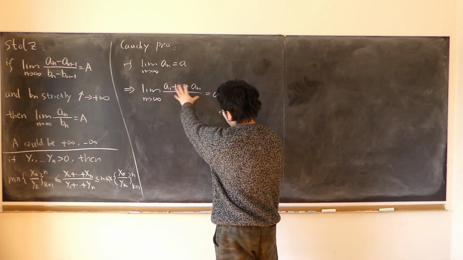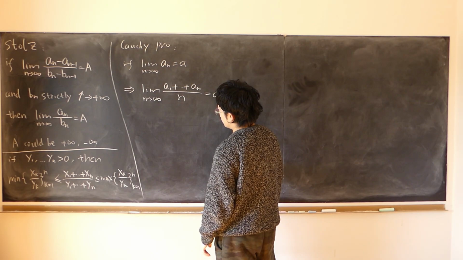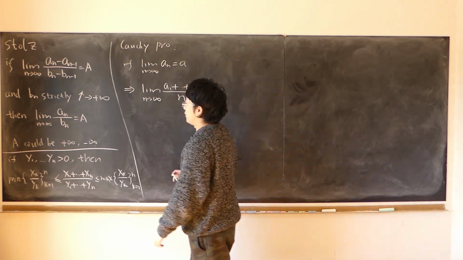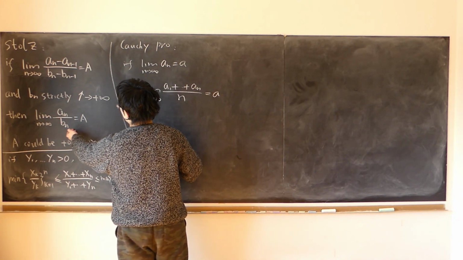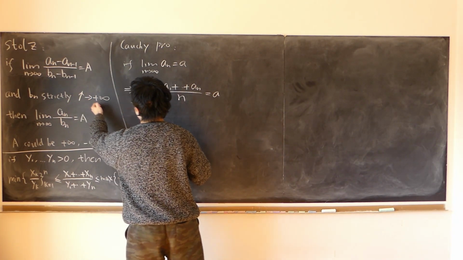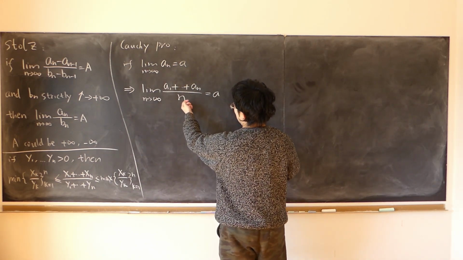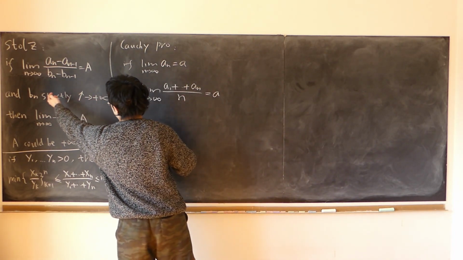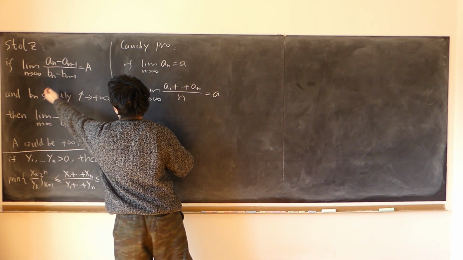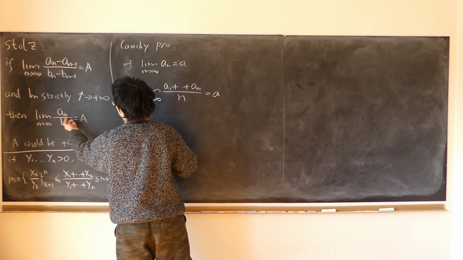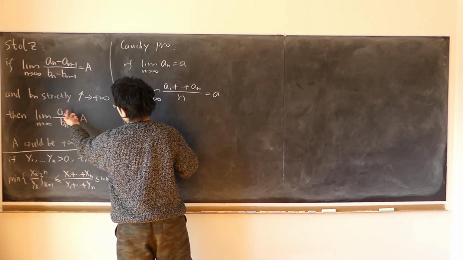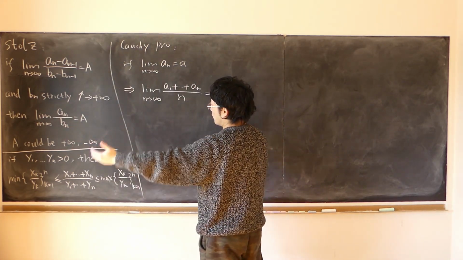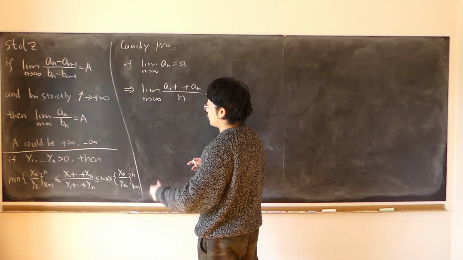in order to work out this limit, all we have to show is that, first of all, n is my bn, right? Is it strictly monotonically increasing to positive infinity? Yes, obviously. And there's no restriction on the numerator, right? It could be a finite number, could have a limit, could approach positive infinity, could be jumping in between 2 points, whatever.